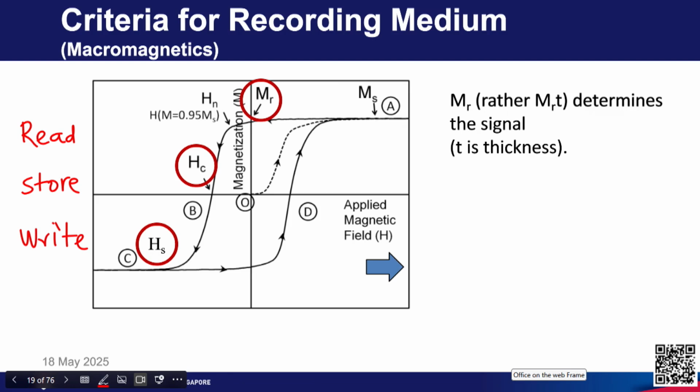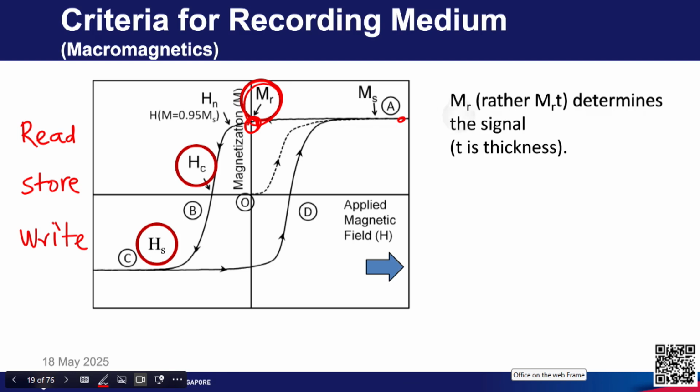Okay. So, we learnt about MR. MR is the magnetic moment retained by the magnetic material even after you remove the magnetic field. Let us say you saturate, then you remove the magnetic field, you reach here. So, there is some magnetic polarity retained by the magnetic material. So, this is the one that generates the magnetic flux. Okay.